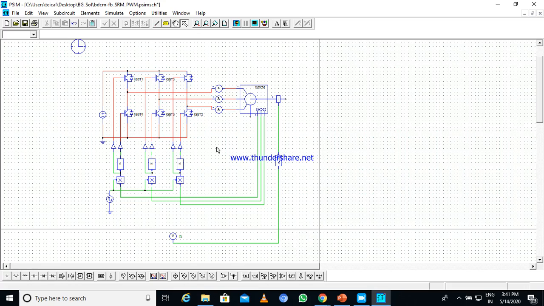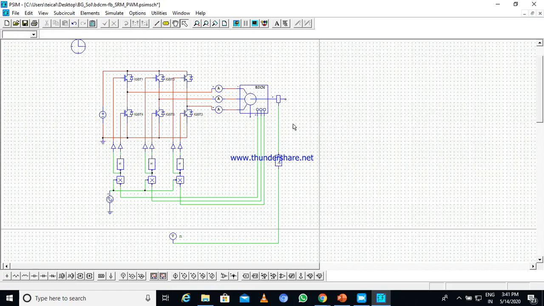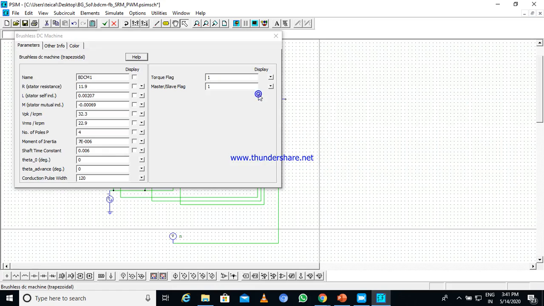And you see, this is the speed sensor I have included here to see the speed, and this is the BLDC machine.